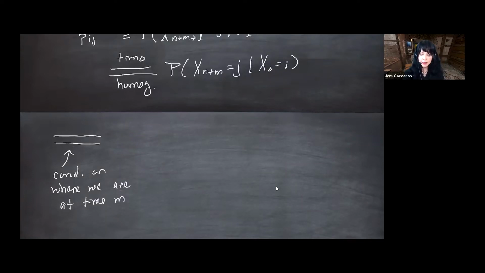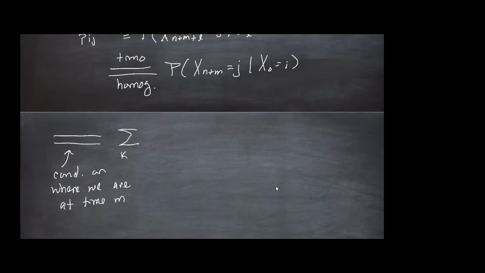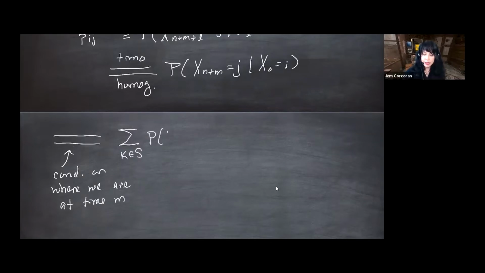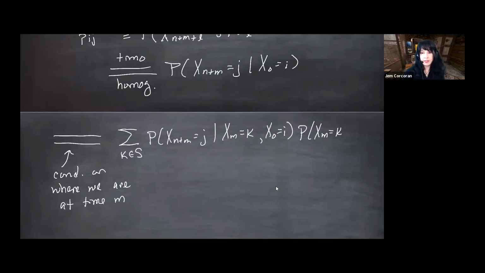So this is going to be a sum over all k in the state space S of the probability that X_{n+m} equals j, given X_m equals k and X_0 equals i, times the probability X_m equals k, given X_0 equals i. And then we get to use the Markov property in that first probability to get rid of this guy. So MP for Markov property. Because once we're given the value of the chain at time m, we don't care about earlier time steps.